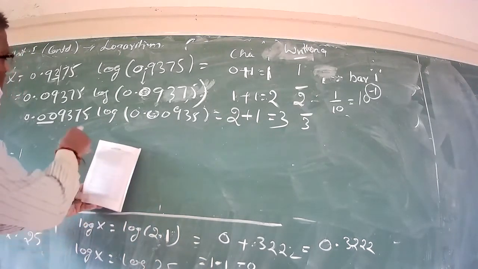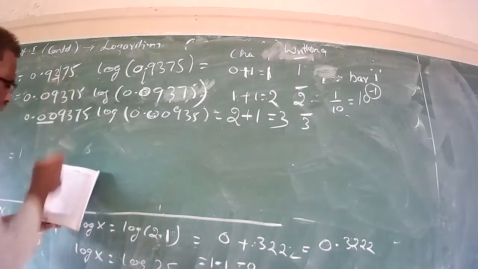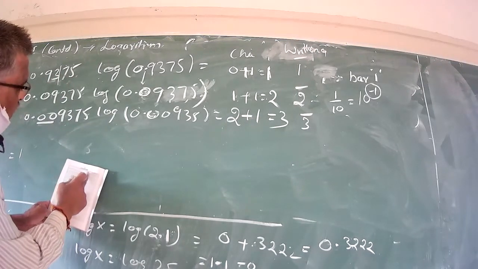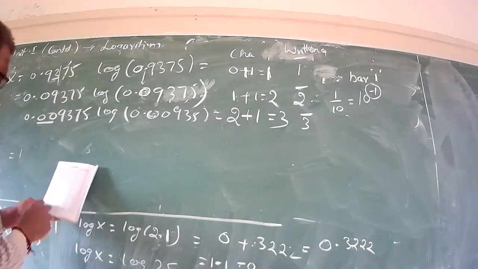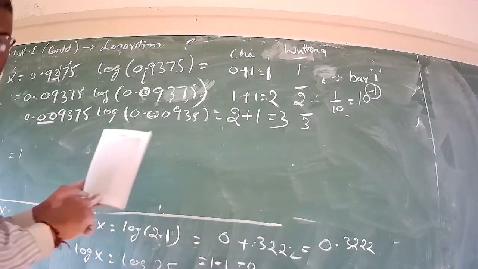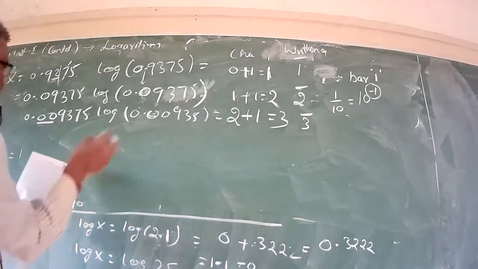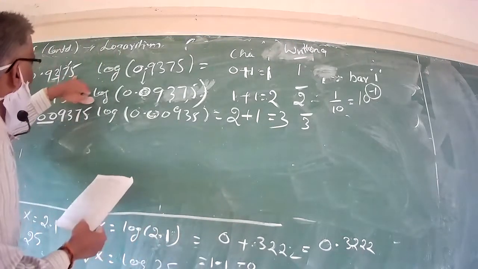So come to 93, and the next digit 7. Columns 1, 2, 3, 4, 5 up to 9 are there. Come to 7. That number is 9987. Then the next digit is 5.